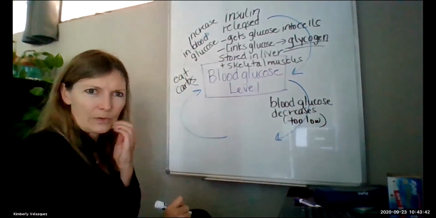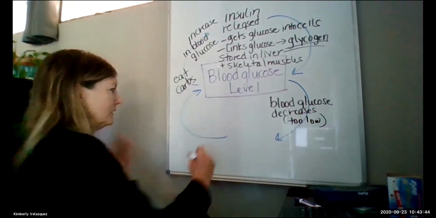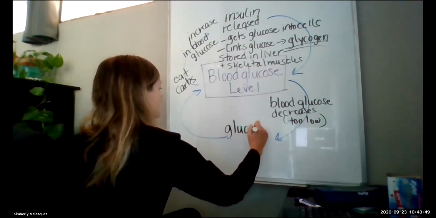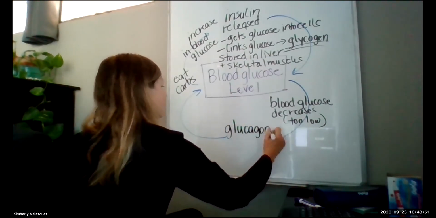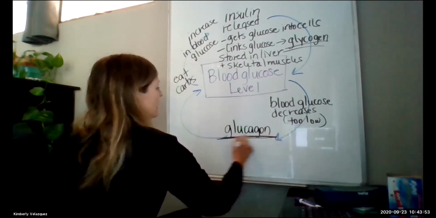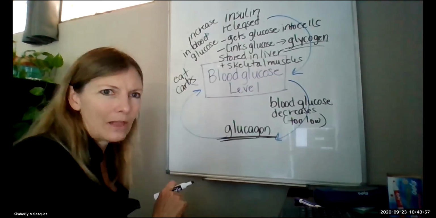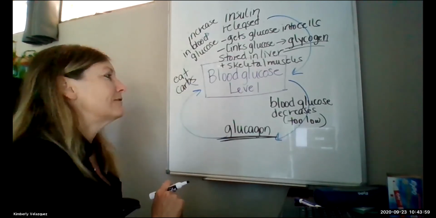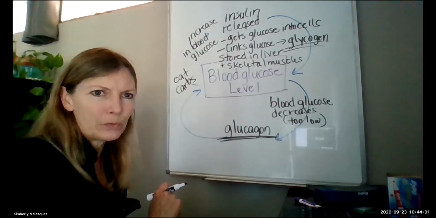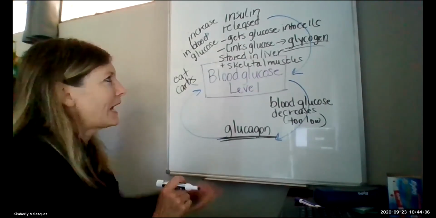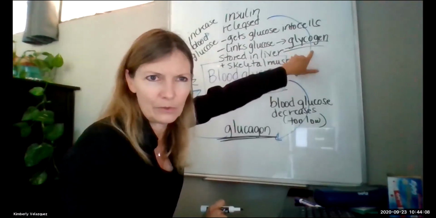And now the pancreas is going to release a different hormone called glucagon. Unfortunately, glucagon looks a lot like glycogen. It's very important to know that those are 2 different words, 2 different spellings, 2 different things. Glycogen is a chain of glucose.